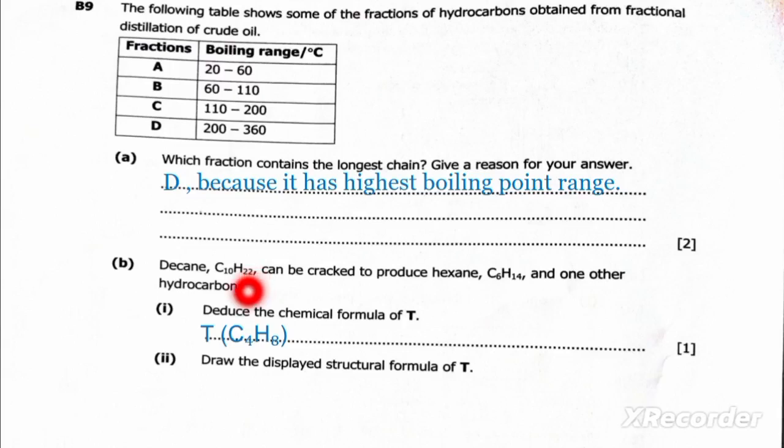Then we have 22 atoms of hydrogen here and 14 atoms of hydrogen here, and 6 atoms of hydrogen are missing. So no wonder we came up with this chemical formula. We are done with this question.